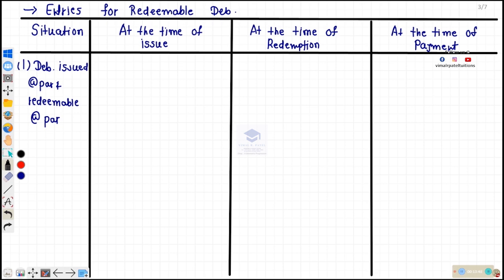Then at the time of issue, entry will be bank account debited to debenture application and allotment.